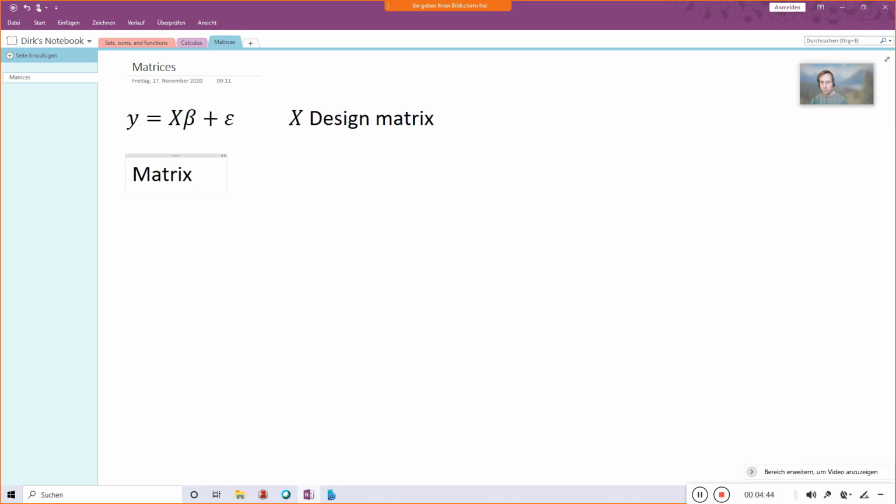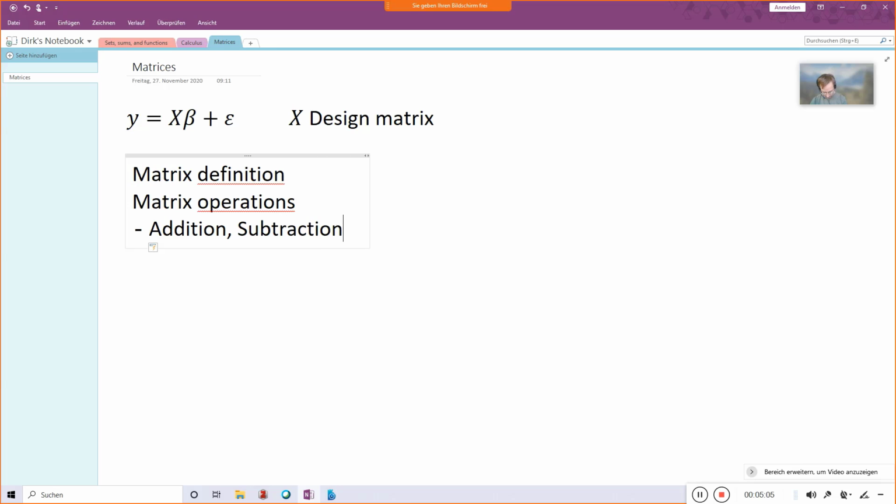First we want to of course define what a matrix is and how to create matrices. Then we need to talk about matrix operations, which will be addition, subtraction, scalar multiplication, and matrix multiplication.